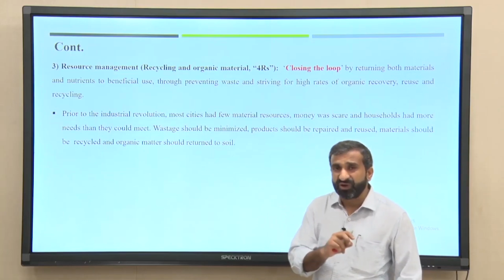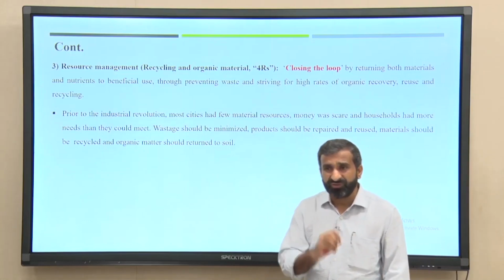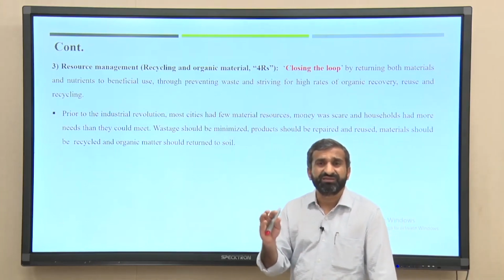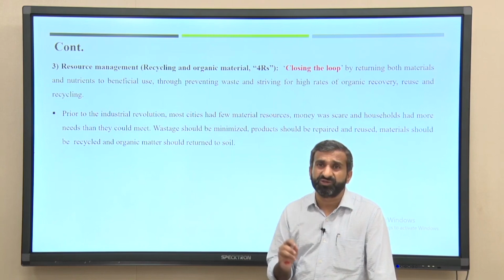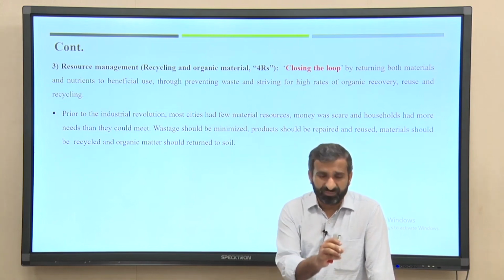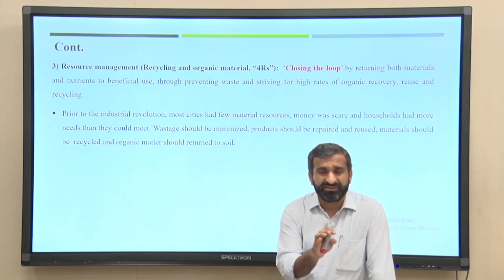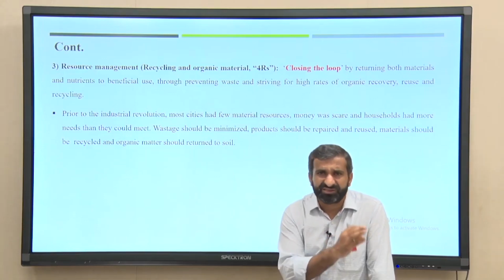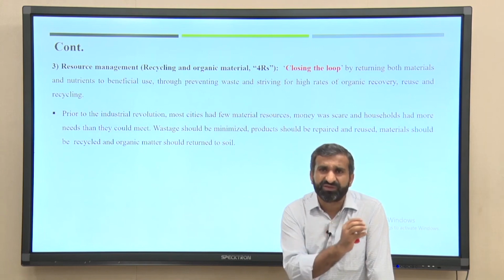Now, when you talk about treatment also, we should always think about how best you can get some kind of resource out of it. For example, most of the dry matter like metal, glass, paper, rubber, leather is all recyclable, and this also becomes a very good resource.